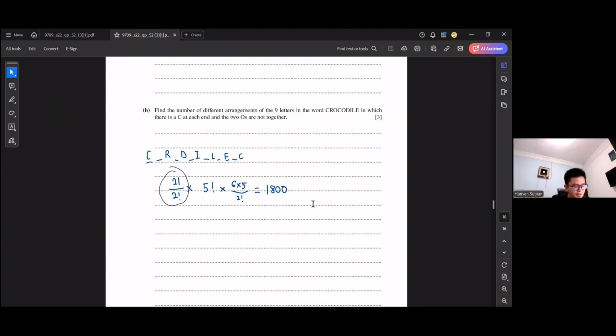So first I will write down the letters that are not in the condition of the 2 O's are not together. So it will be R, D, I, I, L, E. And from over here, we can see that there are 5 letters, and then there is always a gap in between those letters.